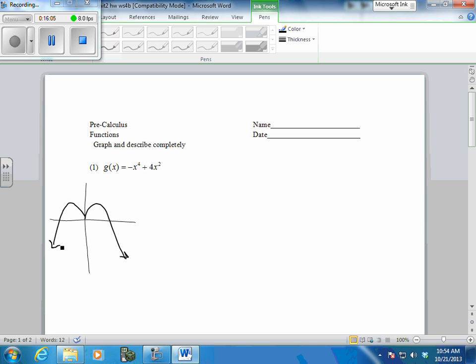Okay, now let's walk through your chart. What's your domain? I want it absolutely quiet. What's the domain? Good. Now, the range is a little bit hard for me to see right from my graph, right? Because I need to know what is my highest point.